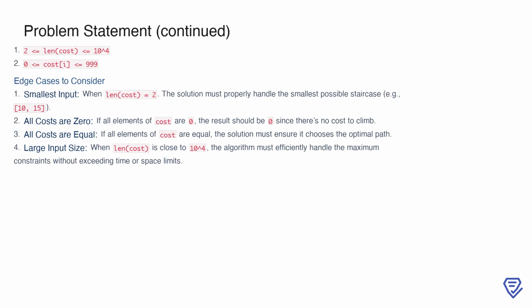When considering edge cases, think about the smallest input, such as cost equals [10, 15], where the solution must handle a staircase with only 2 steps. If all costs are 0, like in cost equals [0, 0, 0, 0], the result should be 0. Additionally, if all costs are equal, the algorithm must still find the optimal path. Lastly, for the largest possible inputs, the solution must be efficient and avoid unnecessary computations to meet the problem's constraints.